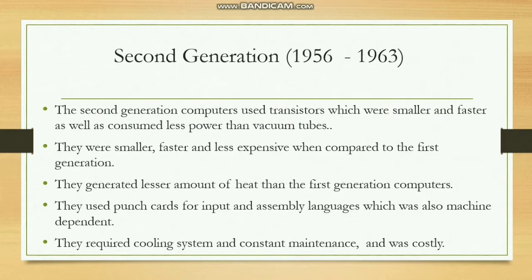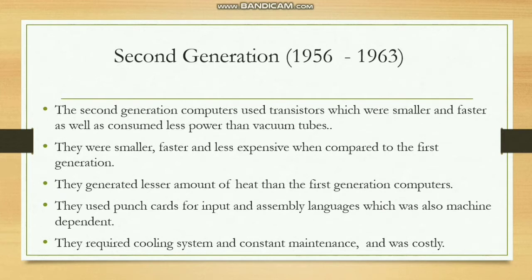The second generation of computers. The second generation was the computers which were built in between 1956 and 1963. What was the major development over there? They used transistors.